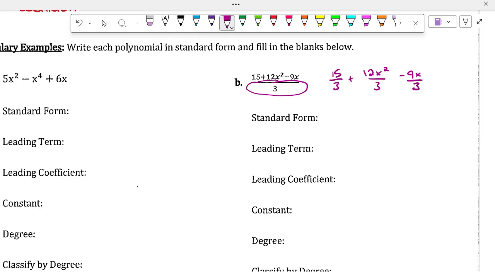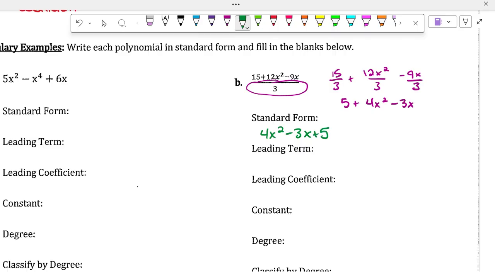If an entire function is over a number or a value, you can split it up to go to each term. So this would be 5 plus 4x squared minus 3x. So if we were to put that in standard form, what would it be, Natalie? 4x squared minus 3x plus 5. Right. So it'd be 4x squared minus 3x plus 5.